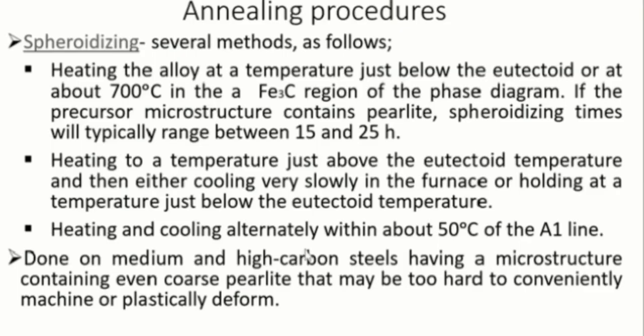This is the eutectoid temperature. So the first one is hitting the alloy at a temperature just below. So you can hit below it, and this is the time interval for holding, or hitting just above it. Or hitting alternately within 50 degrees, above and below. So it should be within the A1 line, but within 50 degrees.